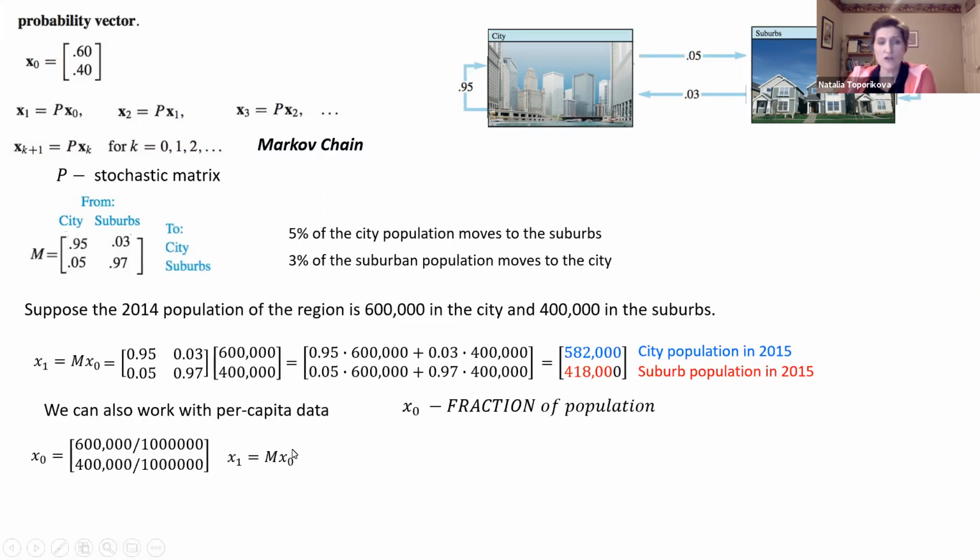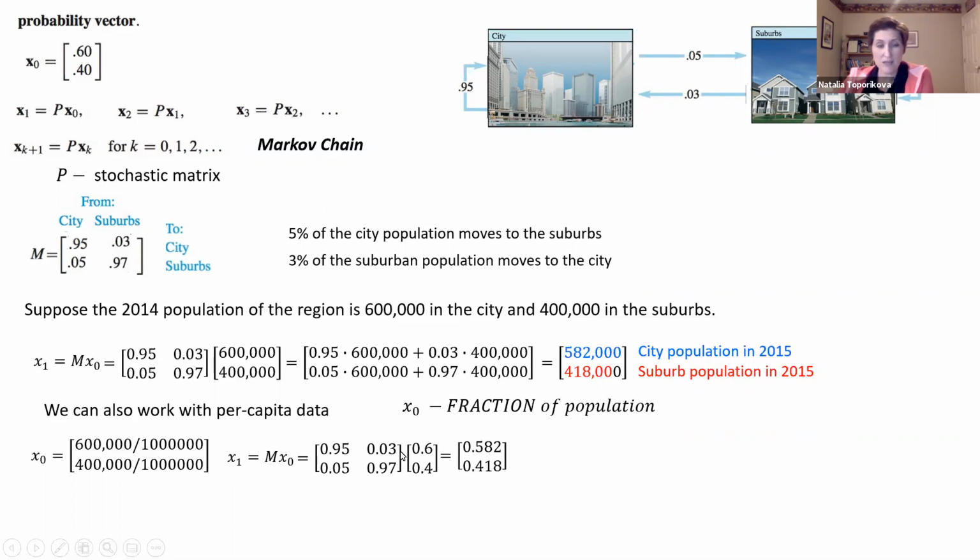Okay, so now let's perform the same calculation, the prediction for population in 2015, but now in per capita units. Again, we start with the matrix equation, X1 equals M X0, and we write down explicitly our matrix M, and now our population is a probability vector, or distribution of the population.